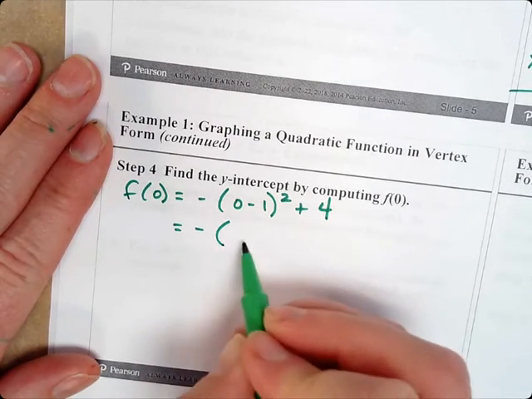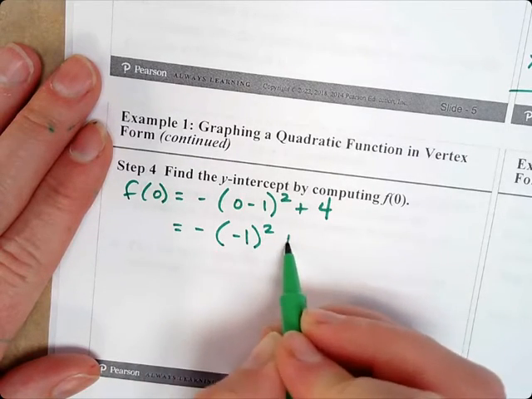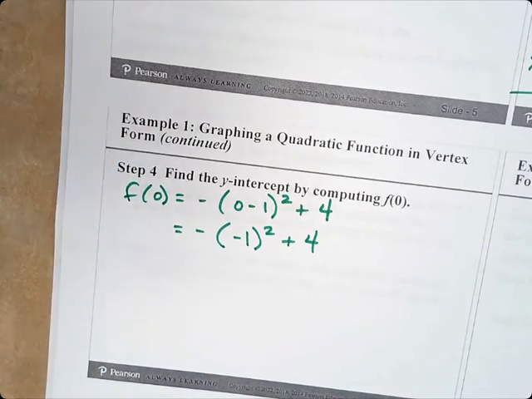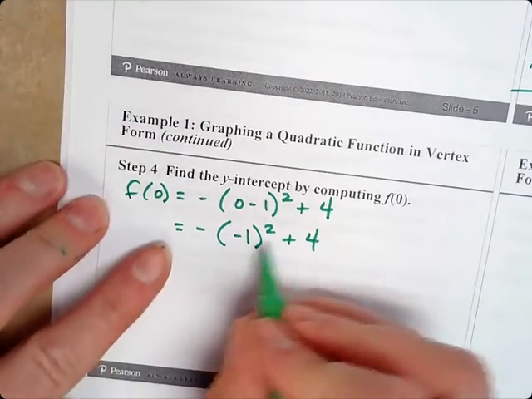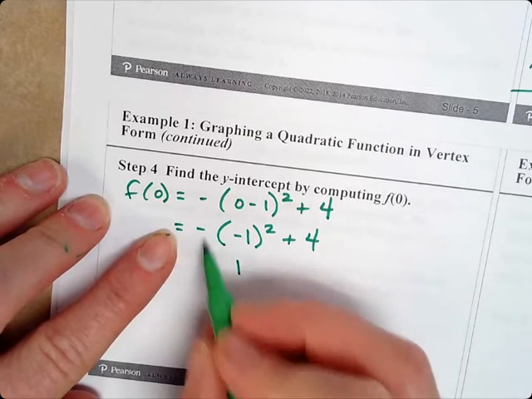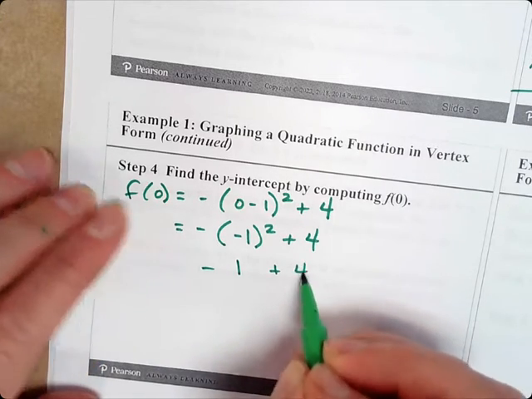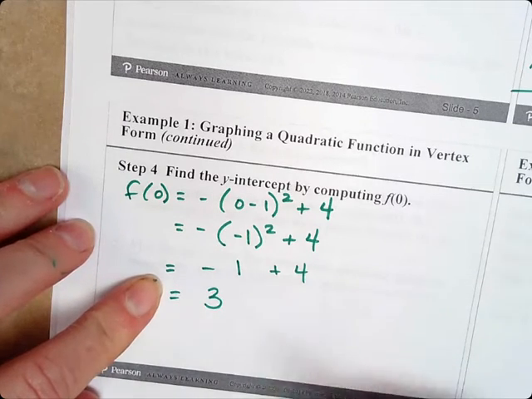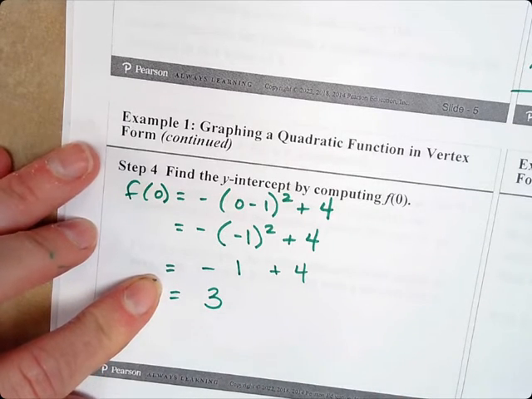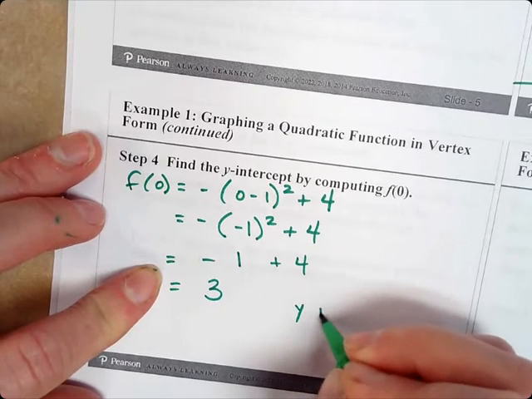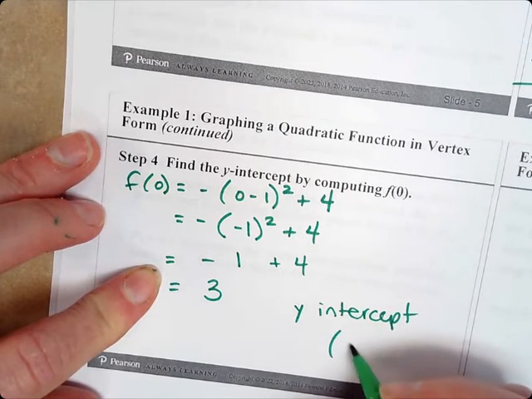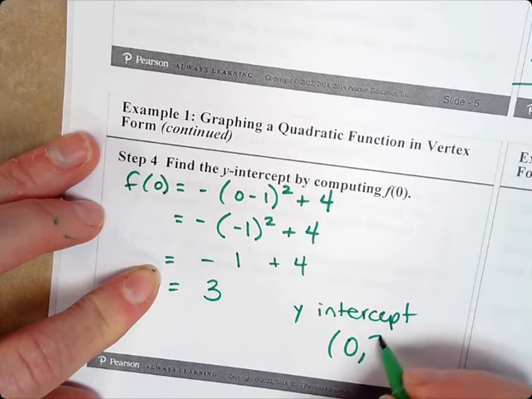It's negative parentheses, 0 minus 1 squared plus 4. You can put this in the calculator. I'm just doing it by hand. Negative 1 squared is 1. Still have that negative out front, plus 4. Negative 1 plus 4 is 3. So my y-intercept is when x is 0, y is 3.